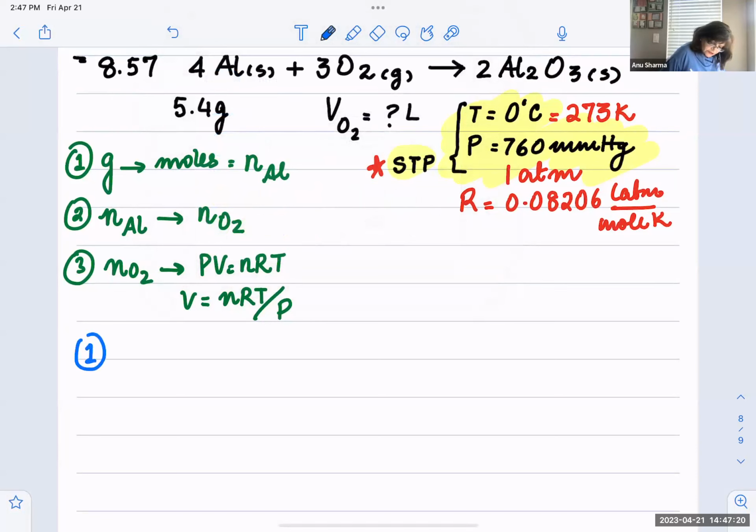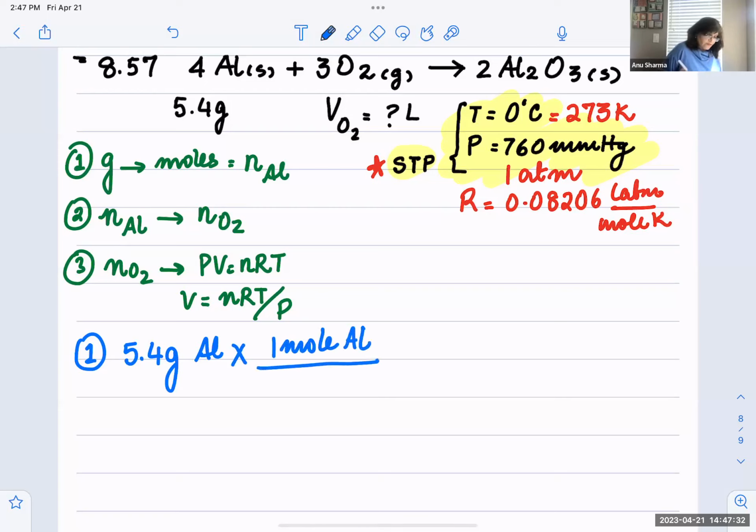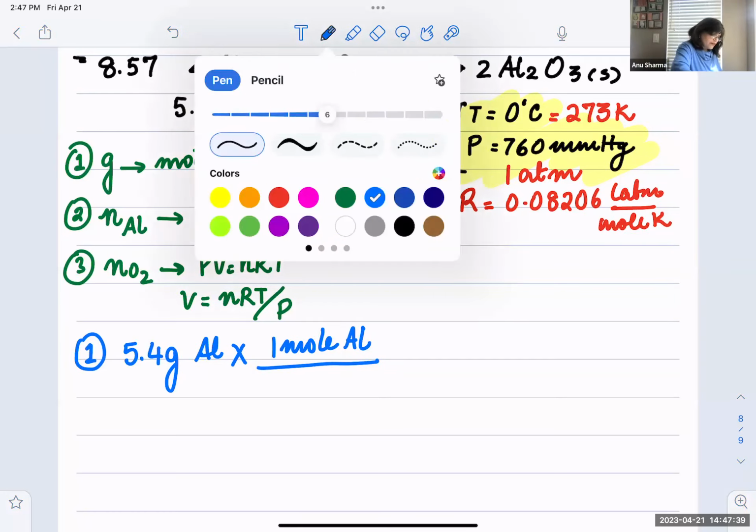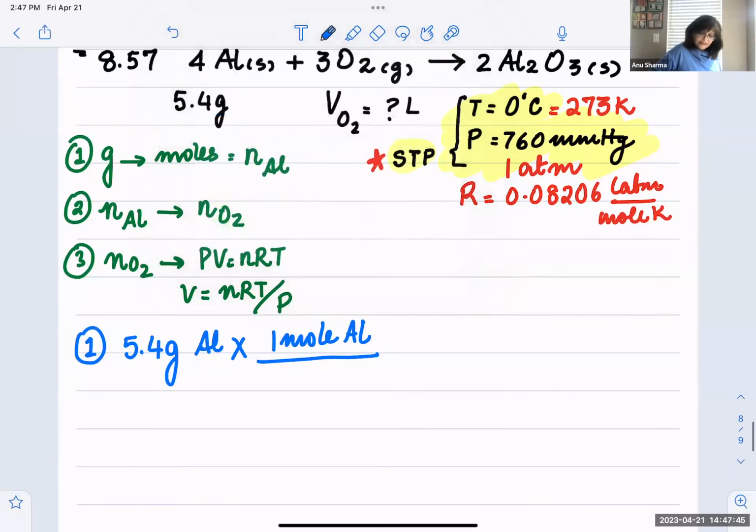Step number 1, 5.4 grams of aluminum is given. Convert that to moles. From the periodic table, the mass of aluminum given is 26.98, so it's okay to use it as 27 grams.